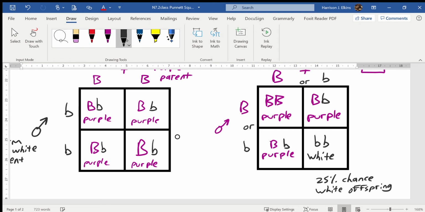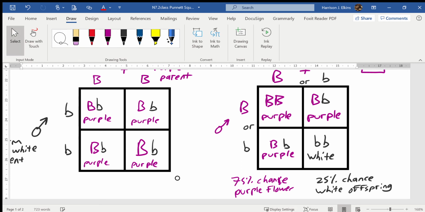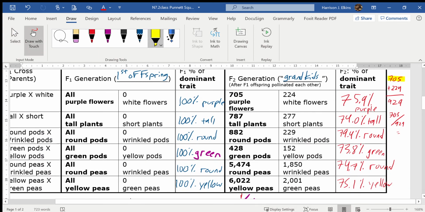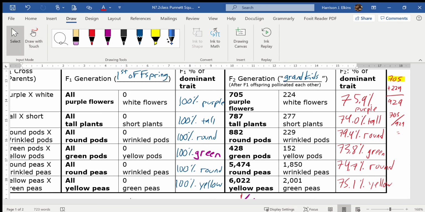And chances are 75% of the time you're going to have a purple flower, purple offspring. Which, guess what? That makes total sense, because when we look back up at Gregor Mendel's data, chances were 75% of the time you'd have a dominant trait. 25% of the time, the recessive would show up because you'd pair up the homozygous recessives.